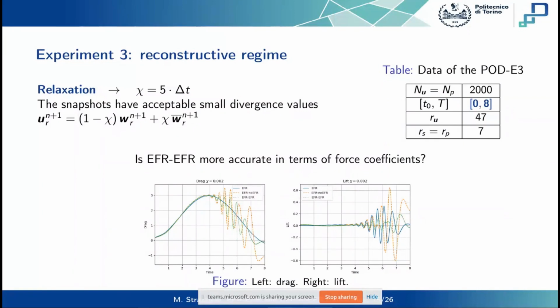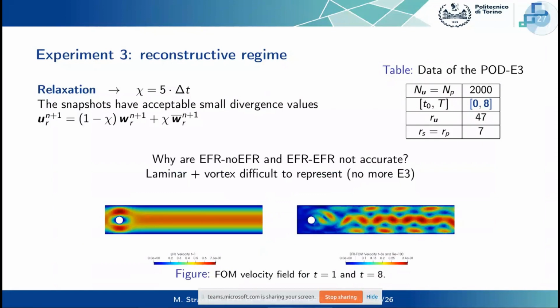Why are we not accurate with both problems? You can understand it if you look at the simulation for t equal to 1 and t equal to 8. For the first half of the interval, you have something that is laminar, but then you have this kind of vortex behavior, and the combination of the two is really complicated to recover with POD.